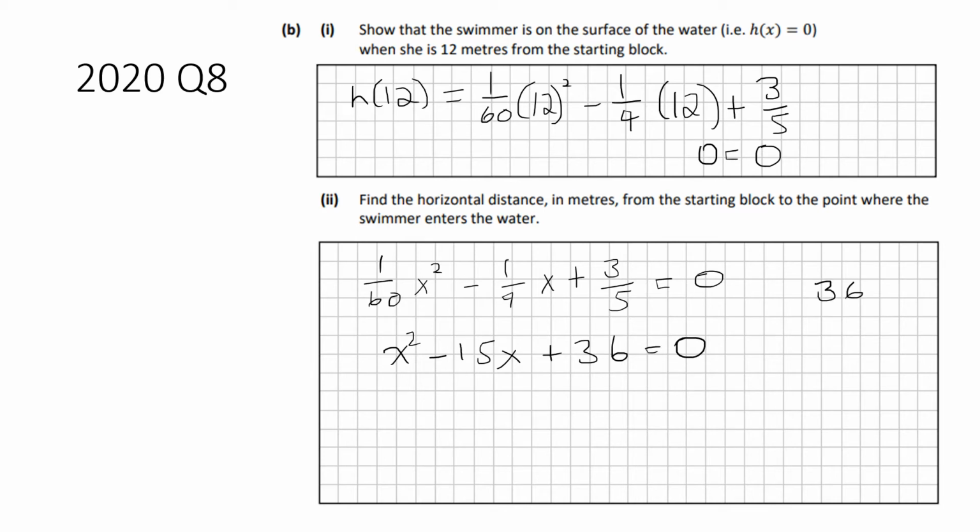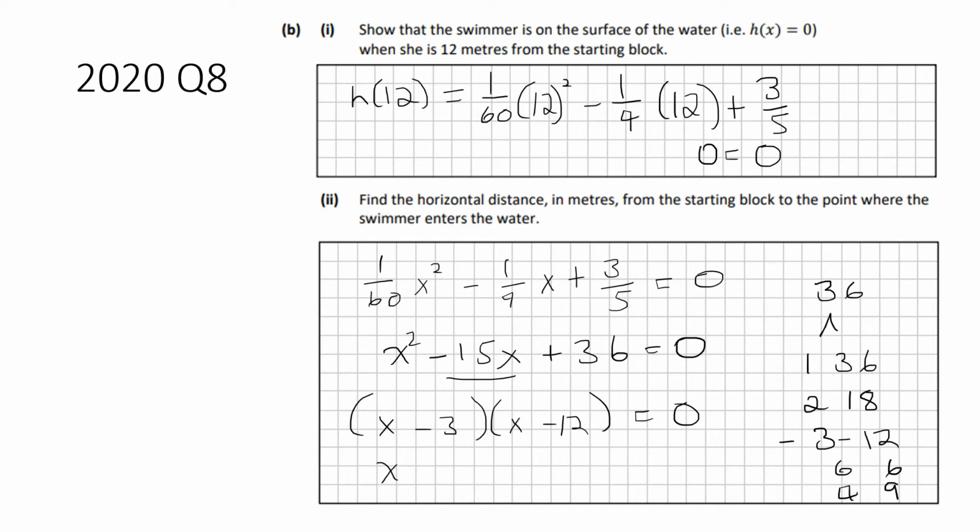So if we look at the factors of 36, 1 times 36, 2 times 18, 3 times 12, 6 times 6, and 4 times 9, you're trying to see which ones give you minus 15. That would be minus 3 and minus 12. So that means that x is equal to 3 or x is equal to 12.